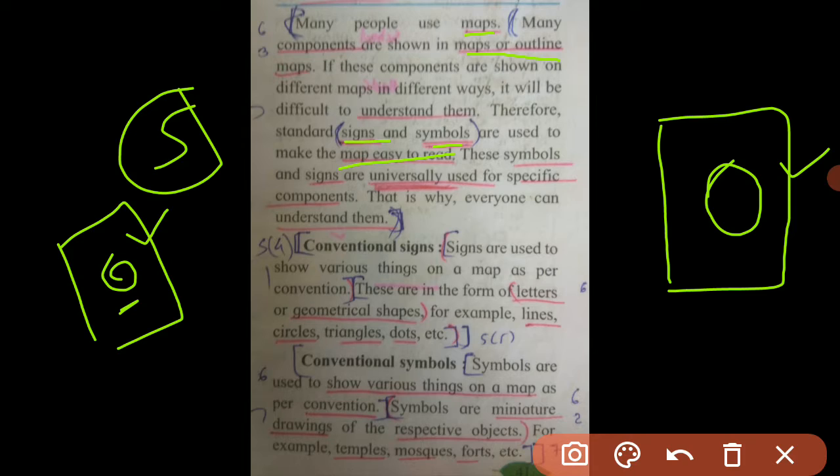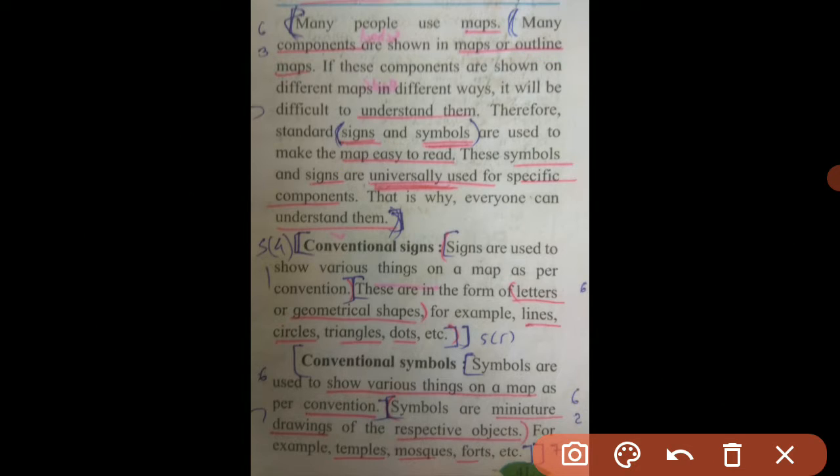These signs and symbols are universally used for specific components. They are universally accepted symbols. Suppose I want to show water bodies, then the symbol for water bodies is the same everywhere.